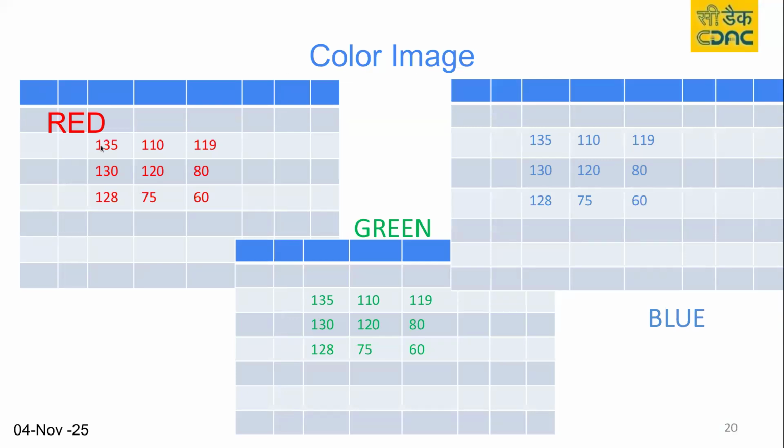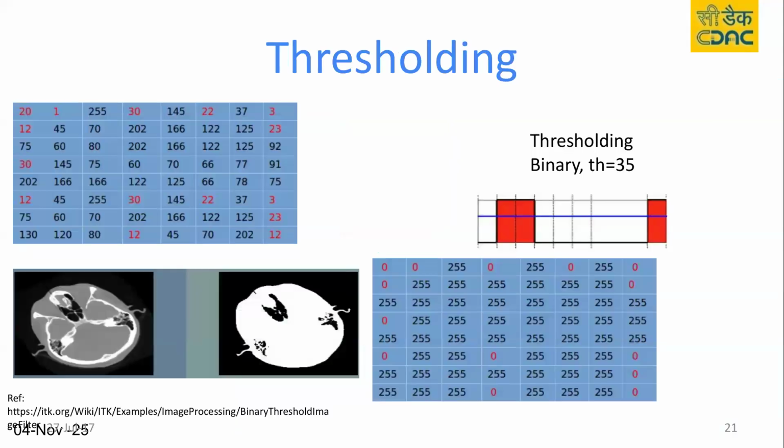The red matrix will have values varying between 0 to 255. The green matrix will also have values varying between 0 to 255, and the blue matrix will have all the values varying between 0 to 255. When you combine these three matrices, you get different colors in your image. So for a color image we require three matrices to represent that image, whereas a black and white image is represented by only one matrix.